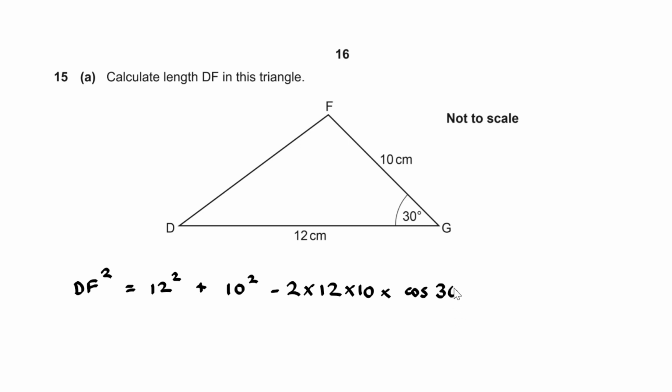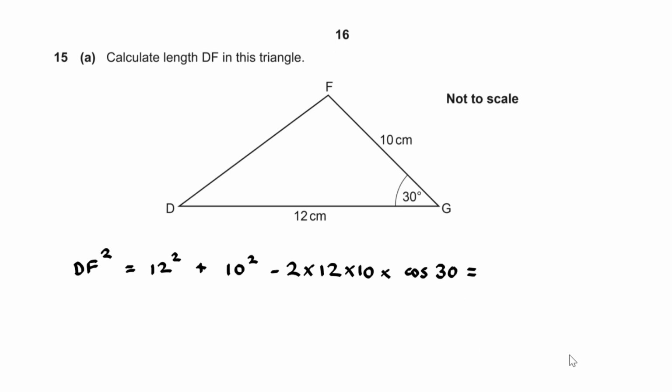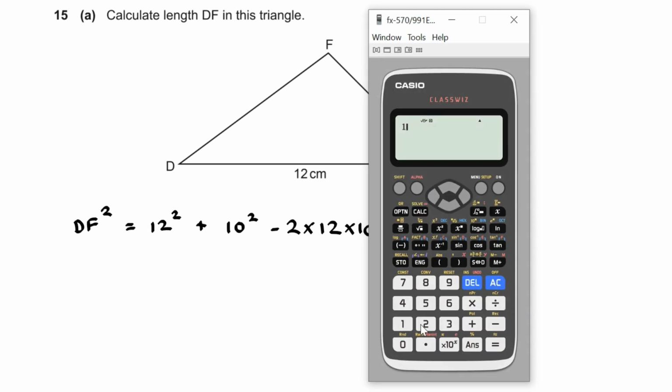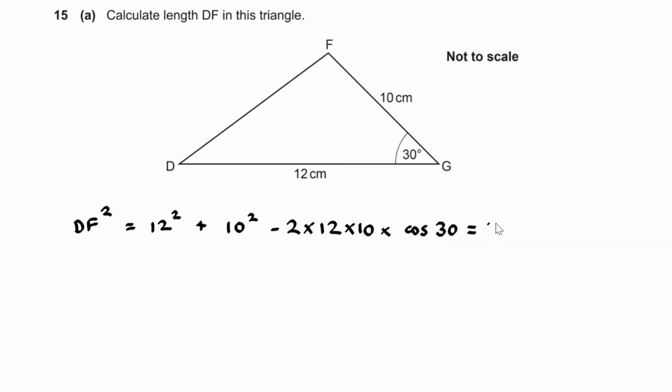So what we can do is find out what DF all squared is. So here we get 36.15.